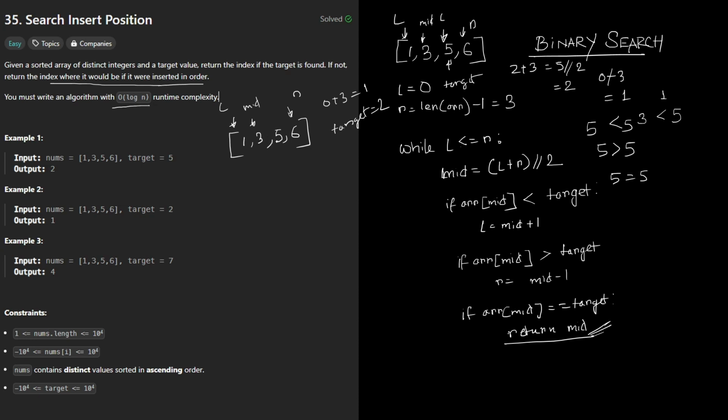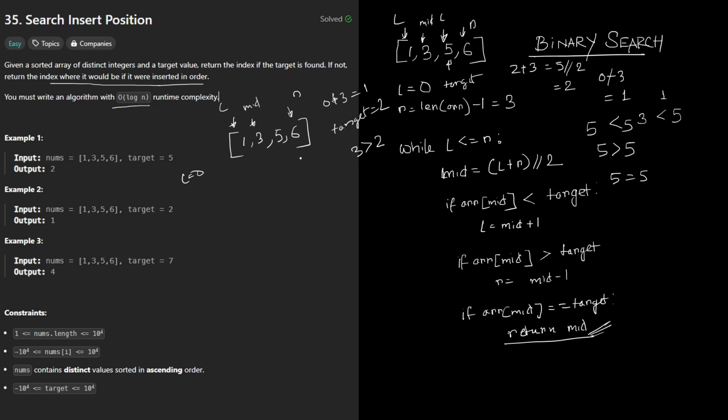So now what can happen? If the target is 2, for the first case, the value at mid is greater than the target. So L would remain 0 because 3 is greater than 2.